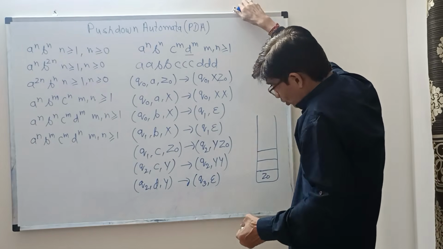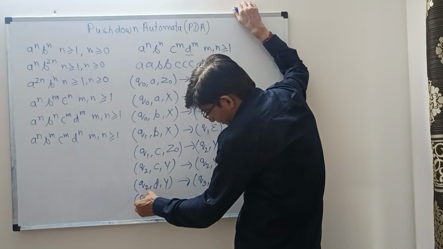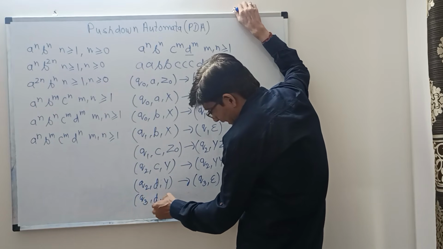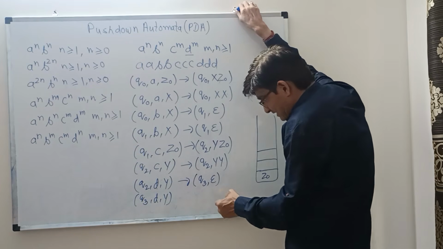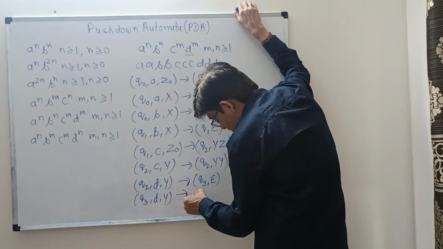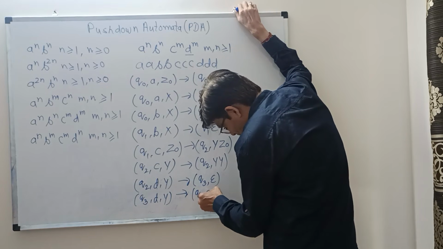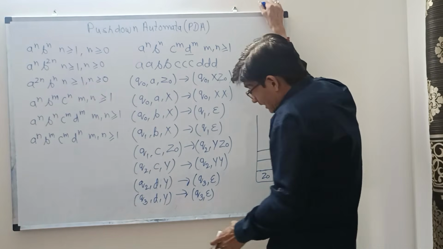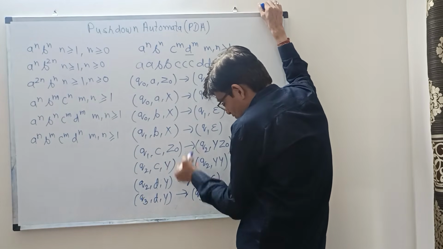And then on Q3, you will read second D. So I can be in Q3, I will read a D, and stack top must be Y. In this case also, you need to stay in Q3 and pop one element from the stack. And then you can read any number of D's using this rule.